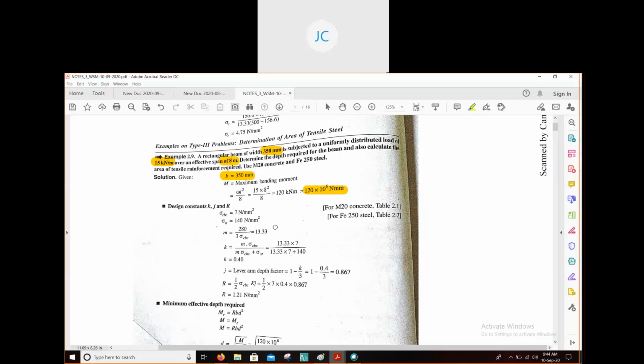Since M20 concrete is given, from table number 21 of IS 456 you can find out sigma CBC is 7.